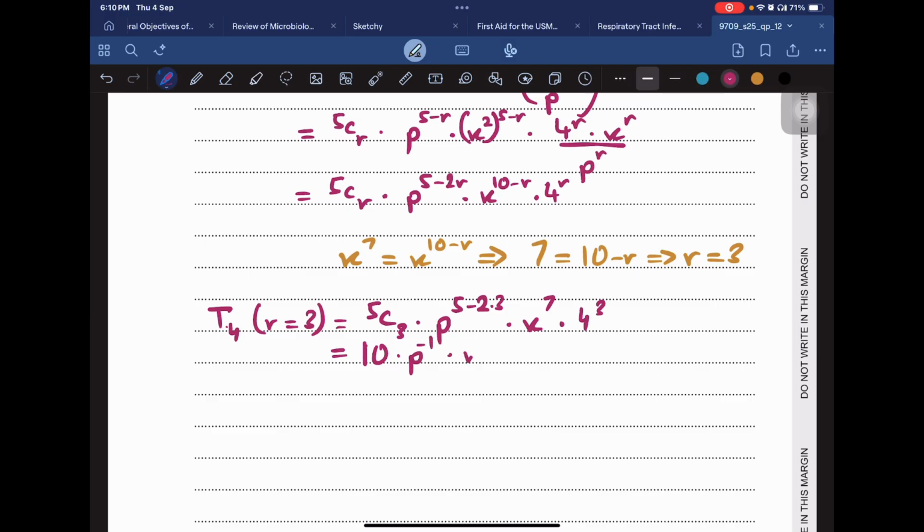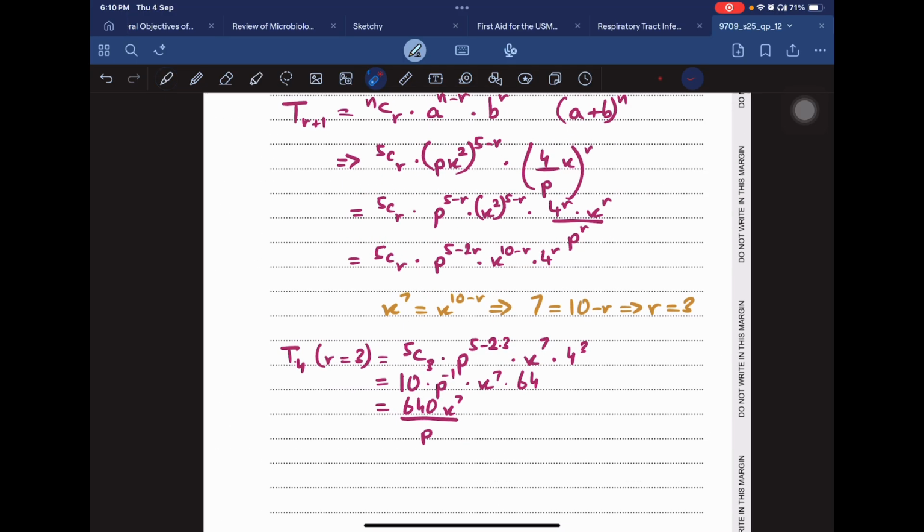And then we have x power 7, and 4 cubed will give us 64. So 64 times 10 will be 640 x power 7 upon p. So I shifted p power negative 1 to the denominator, it became p power positive 1.